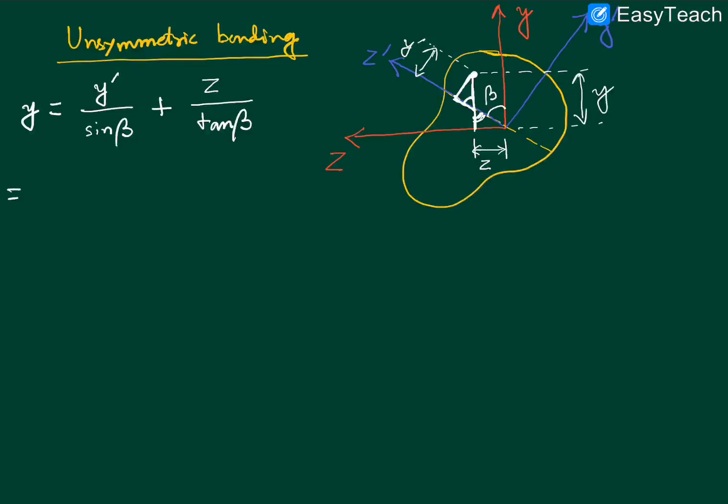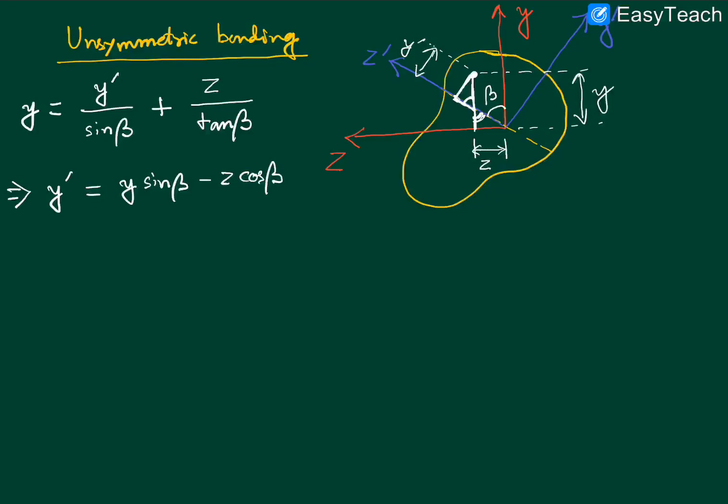The moment I have this, I can immediately write my y dash as y sine beta minus z cos beta. So we multiply throughout by sine beta, and we transpose the z term to the left hand side. So we express the y dash in terms of y and z.